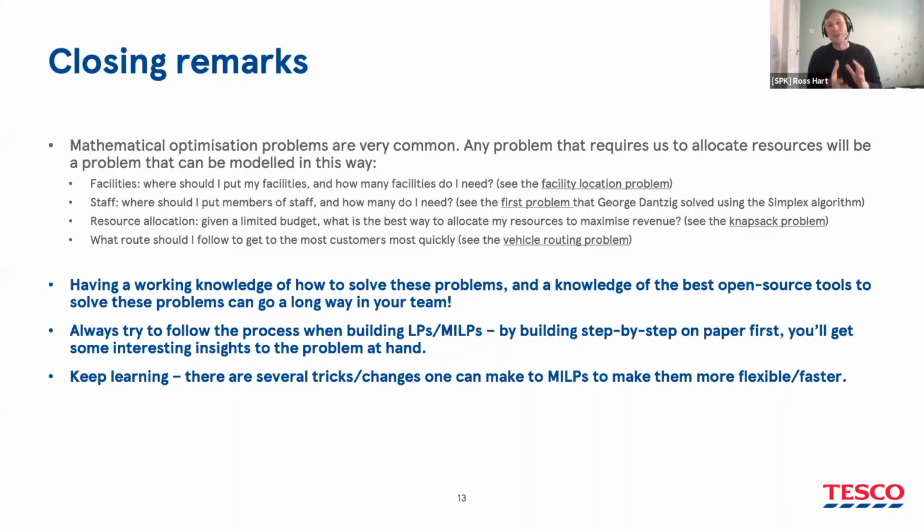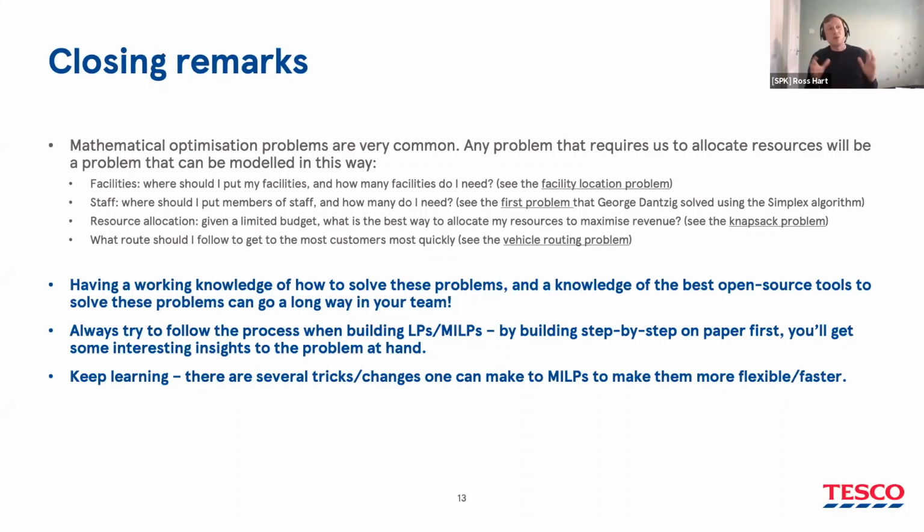And this is really where the first problems in linear programming were solved in this space. The third interesting problem to consider is anything to do with resource allocation, which is what we've been talking about today. So if I've got a limited budget, either a factory time budget or a budget to buy things, what should I spend my time doing, or what should I buy in to maximize revenue?